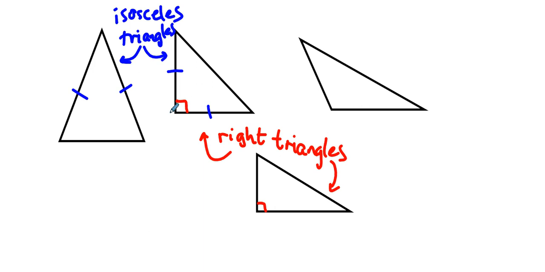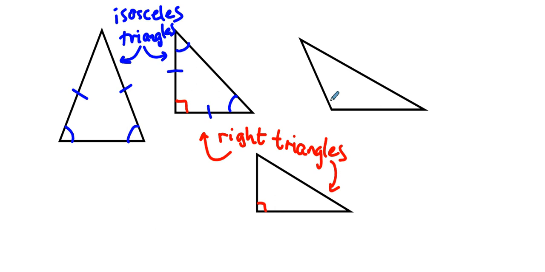And you and I both know that if two sides are congruent, then two angles are also congruent. And so we can find out what those angle measures are, even if we don't know what those side lengths are, as long as we know that those side lengths are the same.